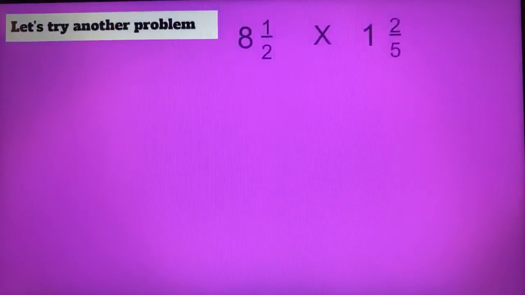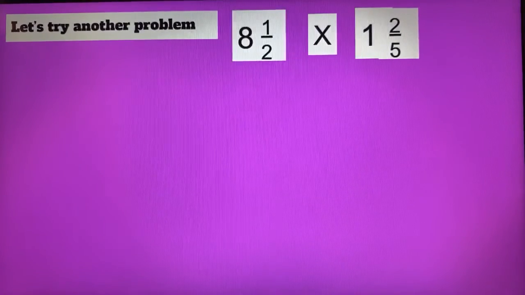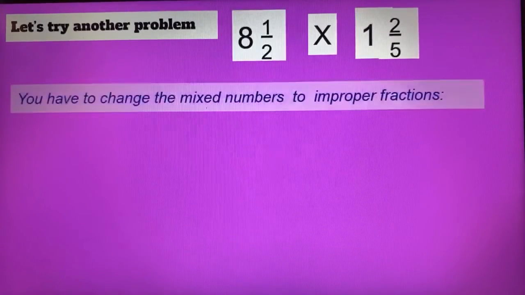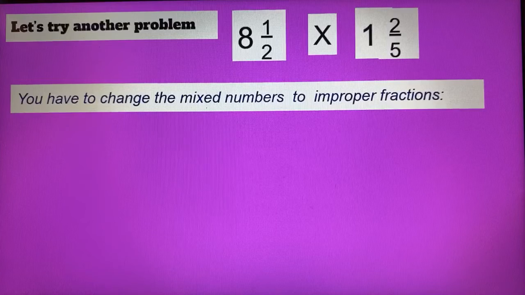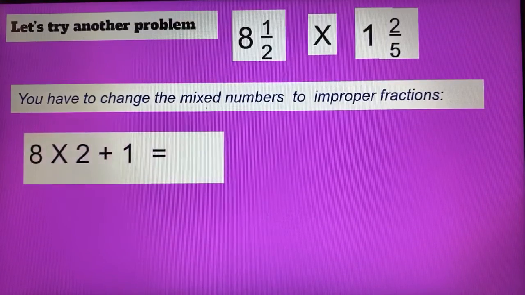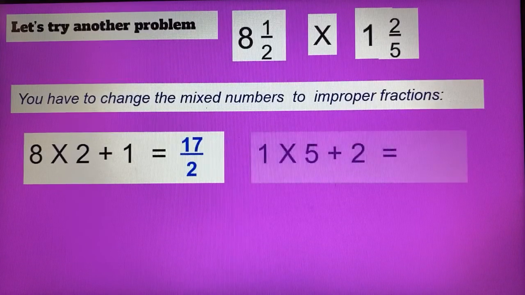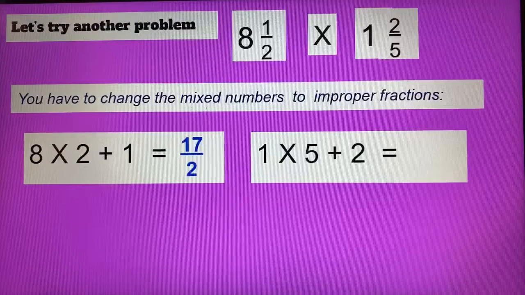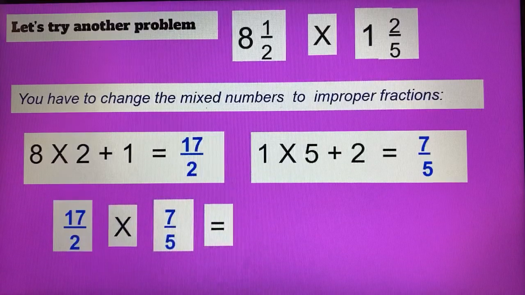And let's try another problem. So we have 8 1/2 times 1 2/5. You have to change the mixed numbers to improper fractions. So 8 times 2 is 16, plus 1 is 17. The denominator stays the same. And 1 times 5 is 5, plus 2 is 7. So we have 7/5. Now we can multiply. 17 over 2 times 7 over 5.